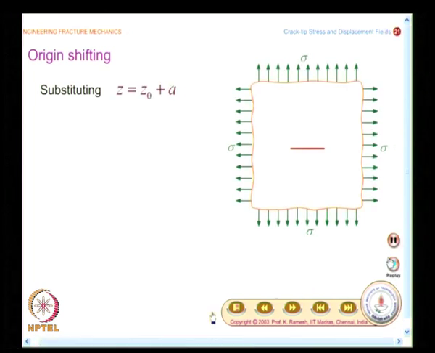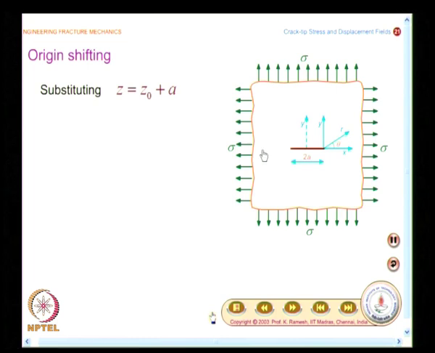It is also like a closed form solution. Then where does the difference come? We would see soon. Why we say that we are talking about near tip stress field or very near tip stress field. So, that comes when I do the origin shifting.